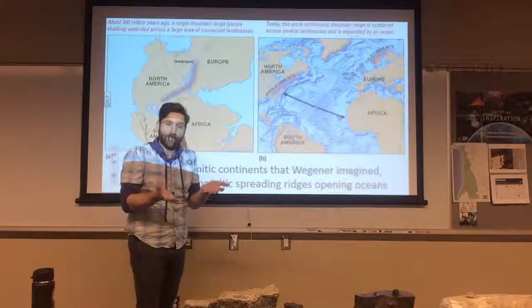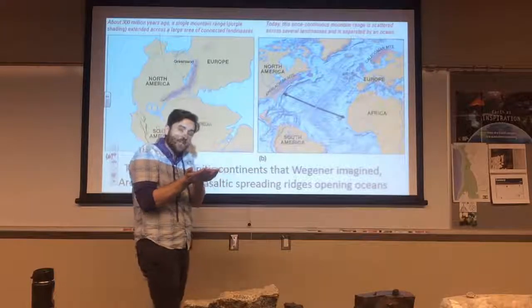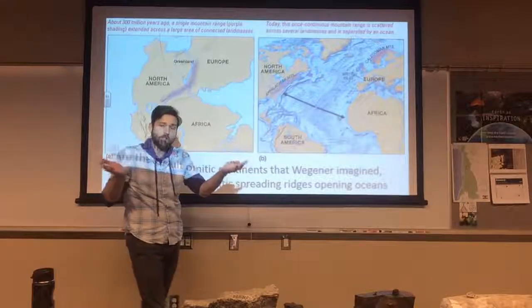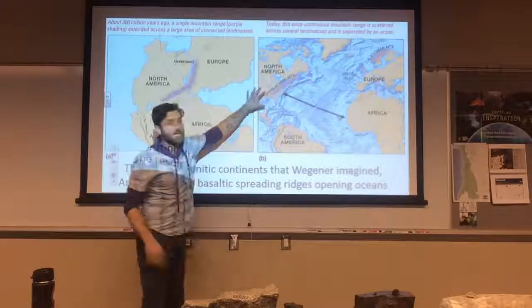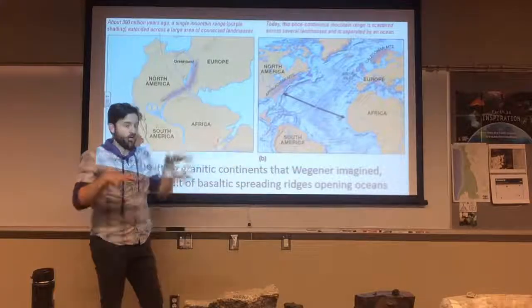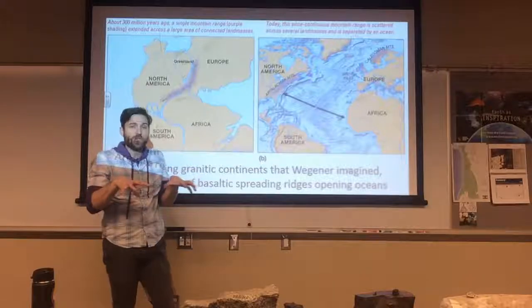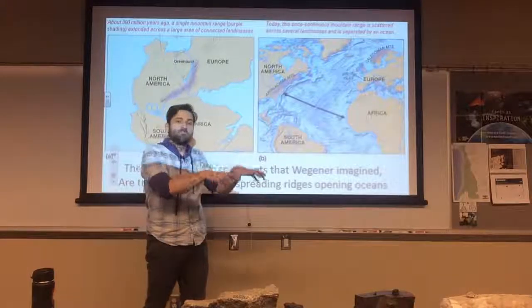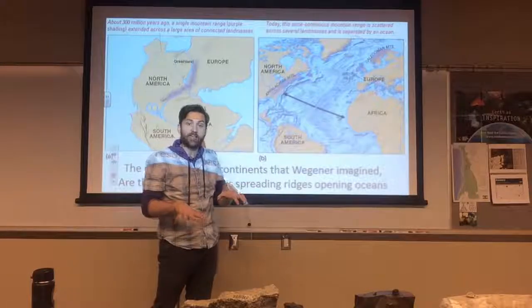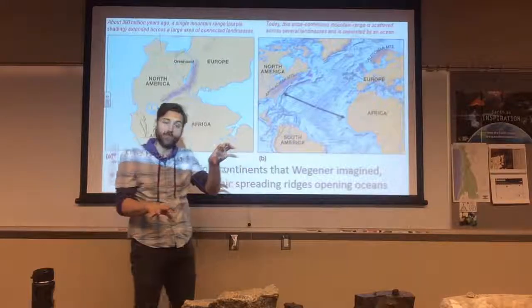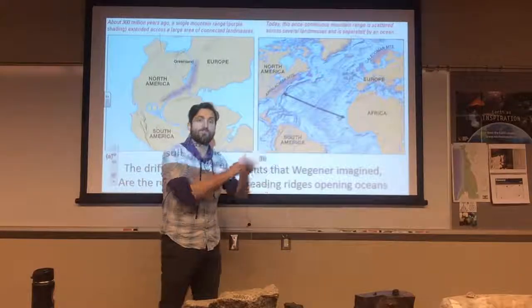Well, he didn't propose a mechanism, but there is this relationship of drifting apart, as if these granitic continents are like boats floating over this basaltic, more dense sea. Okay, as the boats are lower density, the water is higher density, and those boats are floating across.